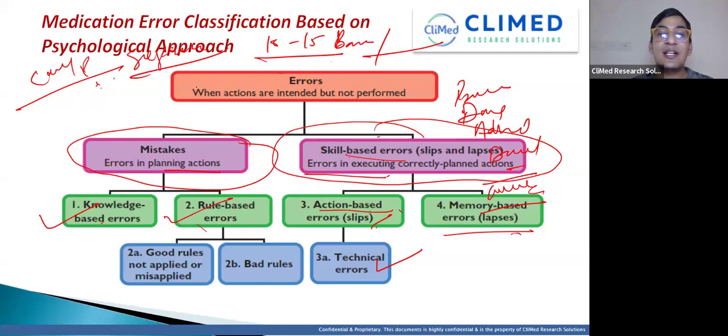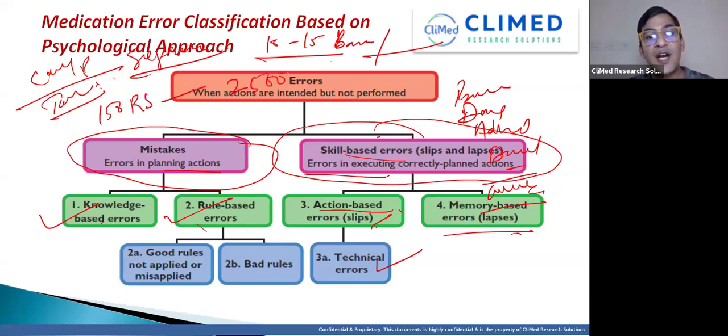You won't believe that for tazobactam, one injection costs from 150 rs to 2500 rs. You won't believe how much is this variety. See, they are using the same component, the same percentage, the same chemical entity, the same drug, but still the cost of the injection varies from 150 rupees to 2500 rupees.